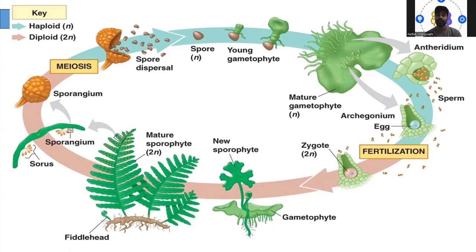In pteridophytes, as I told, sexual reproduction happens. How? Basically, you will see both male as well as female gametes.